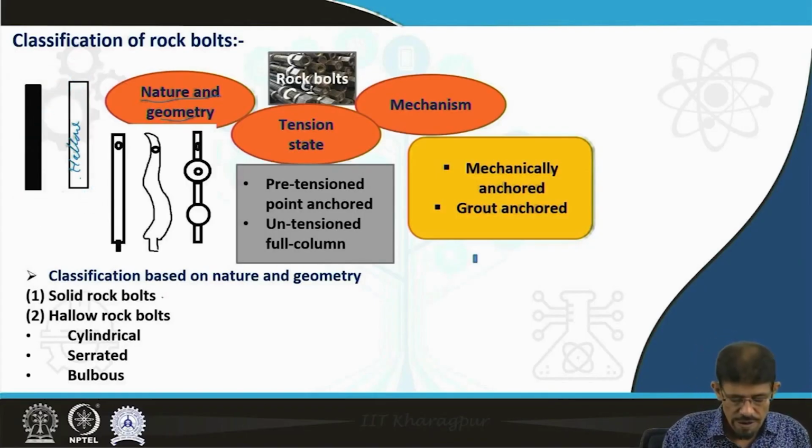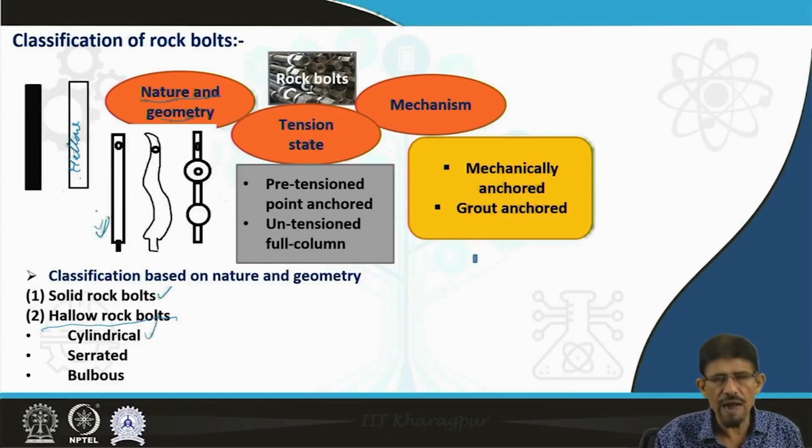The solid rock bolt is generally utilized as a point anchor, and we will now discuss the hollow rock bolts. These hollow rock bolts we generally utilize as cylindrical hollow rock bolts, having an opening at the top of the cylinder and another opening for injection of grout.